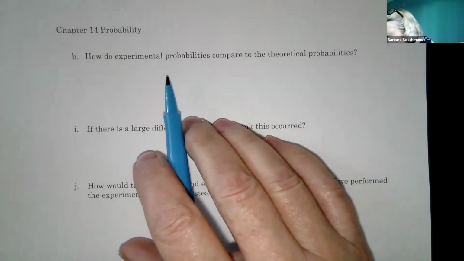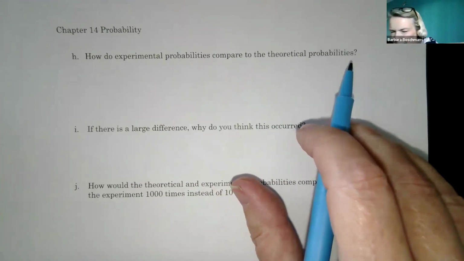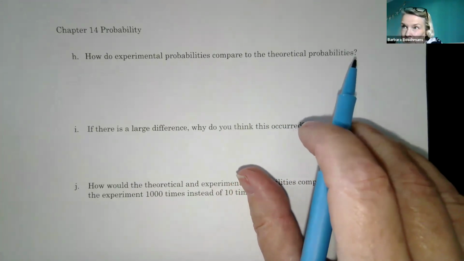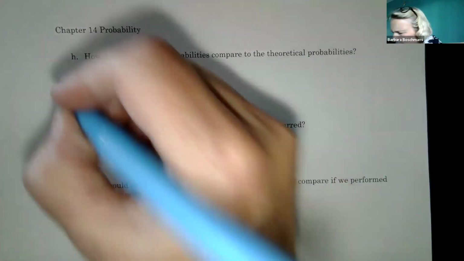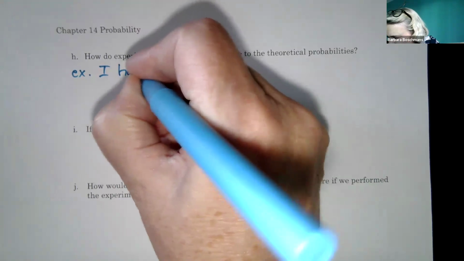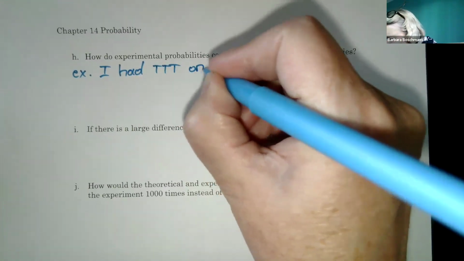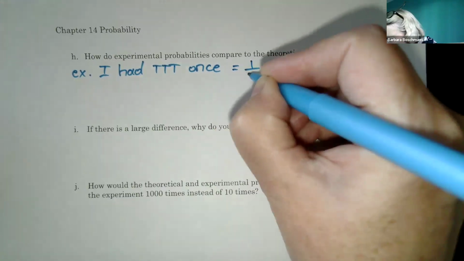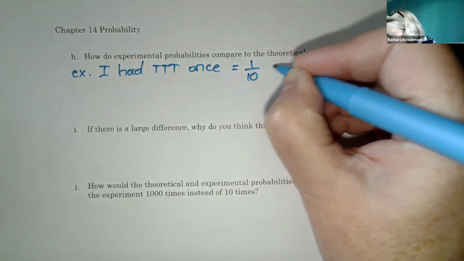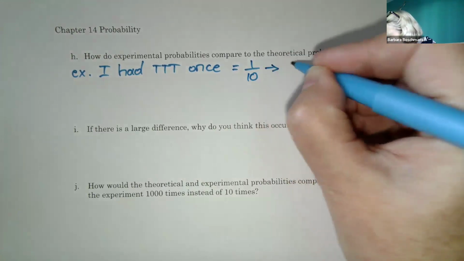So right here, we want to know how do the experimental probabilities compare to the theoretical probabilities? Well, for example, this is my example. I had tails, tails, tails, once, which is 1 out of 10. So if I make that into a percent, that would be 10%.